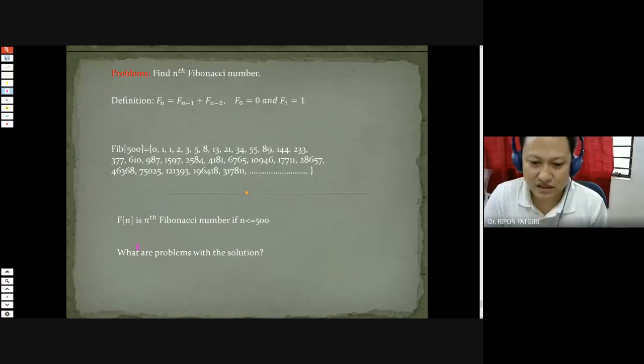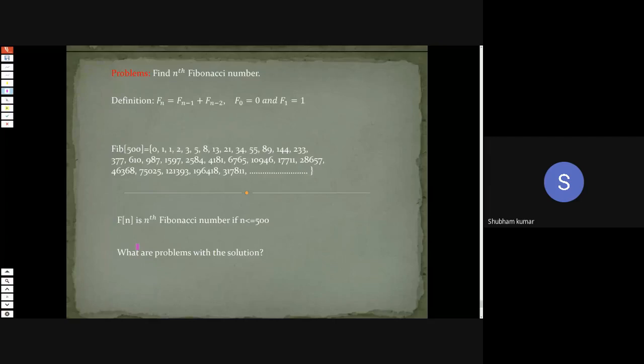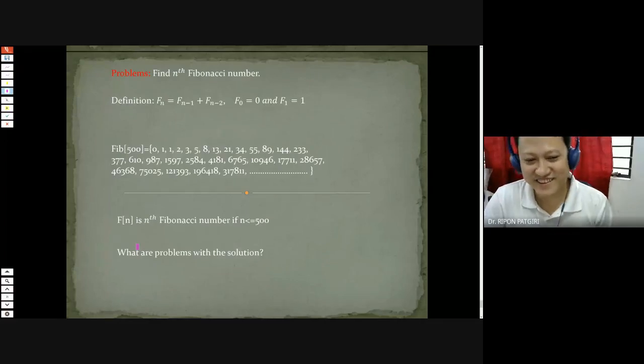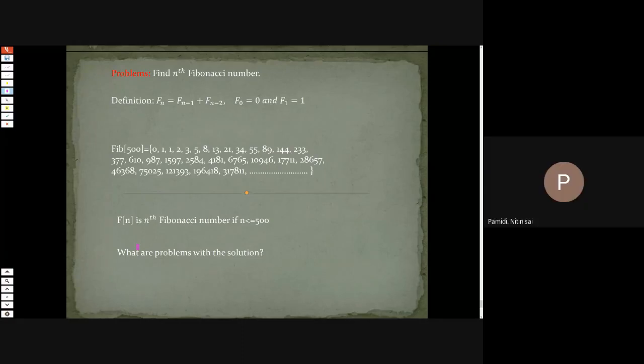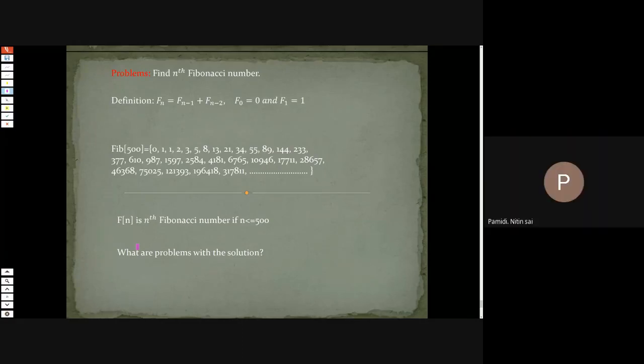Space complexity also, it is taking. 500 spaces is not a small space complexity. Am I clear?